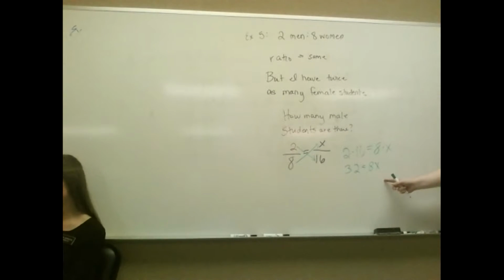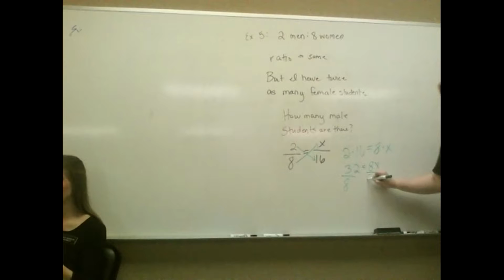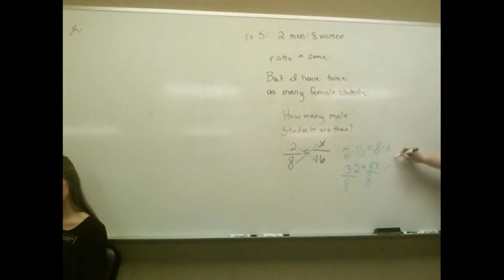Since 8 is multiplied by X, we're going to divide both sides by 8. Which gives me, and I'm going to draw it up here so it's not so low on the board, 4 equals X. So as many of you predicted, there will be 4 male students.